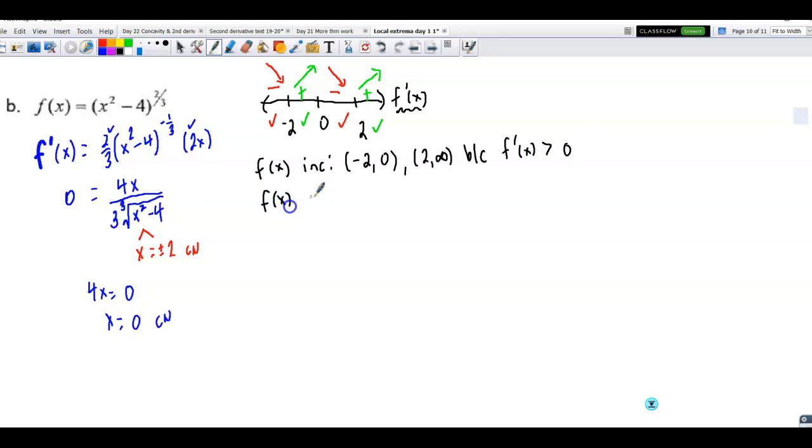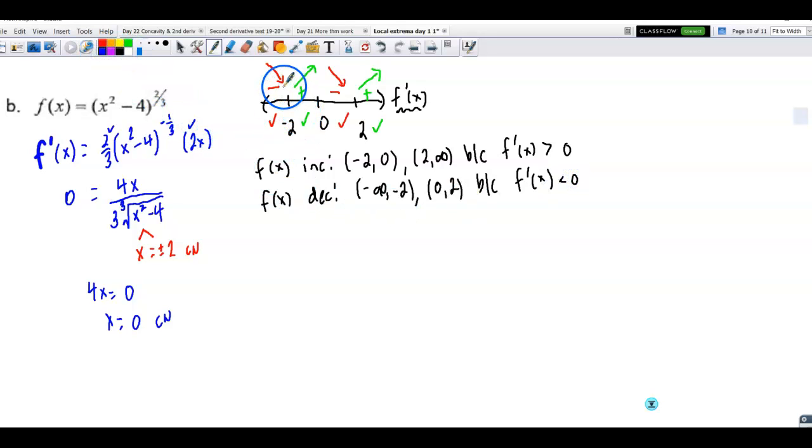The original function f of x is decreasing on the intervals from negative infinity to negative 2 and from 0 to 2, because the first derivative is negative, or less than 0.